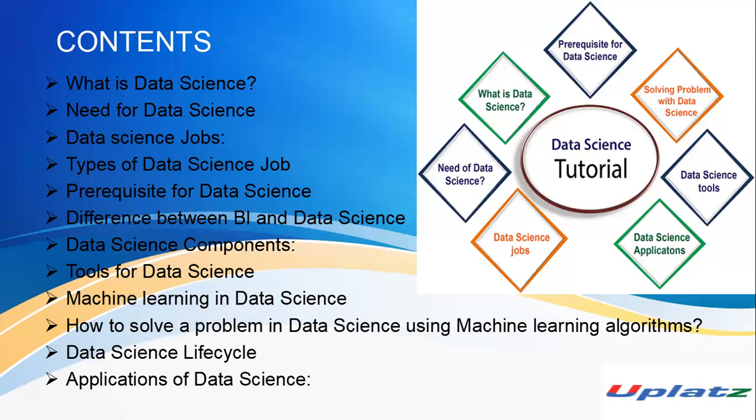There are many machine learning algorithms, but in this session, I'll be showing you very few, maybe one or two familiar machine learning algorithms, because we have to use a few things from machine learning in data science. Then we will see what is the data science life cycle, and finally what are the applications of data science. Have a look at this slide for a few seconds.